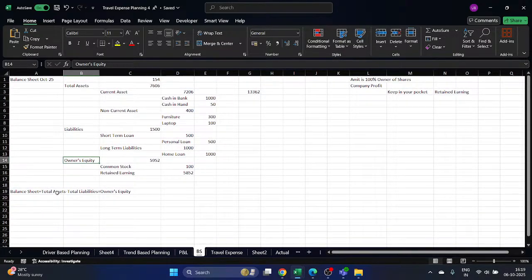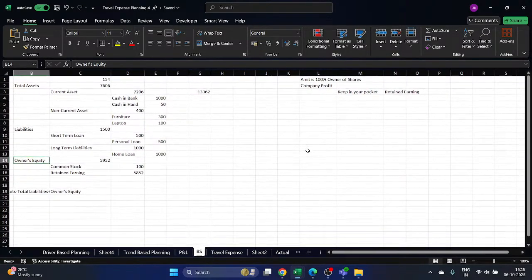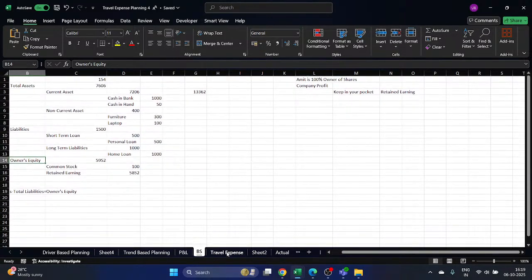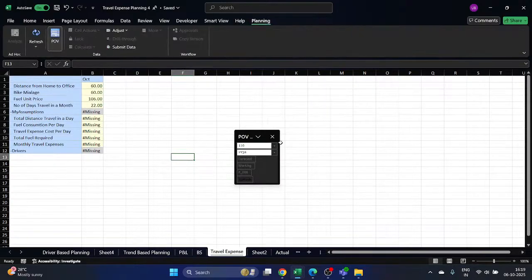That is the actual figure which comes into the picture. Here the travel expense, in the same way, the way of forecasting is totally based on it. That is how the forecasting works.